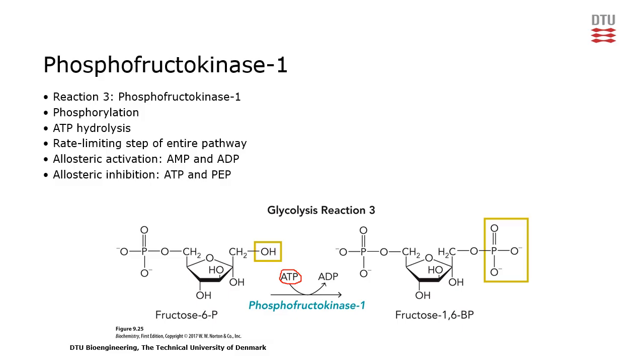I've written here that this enzyme converts your fructose 6-phosphate into fructose 1,6-bisphosphate. There's a little trick here in the naming of these molecules. I don't know if you recognize it, but it's called bisphosphate. That's the B here. Instead of diphosphate, it says bisphosphate.